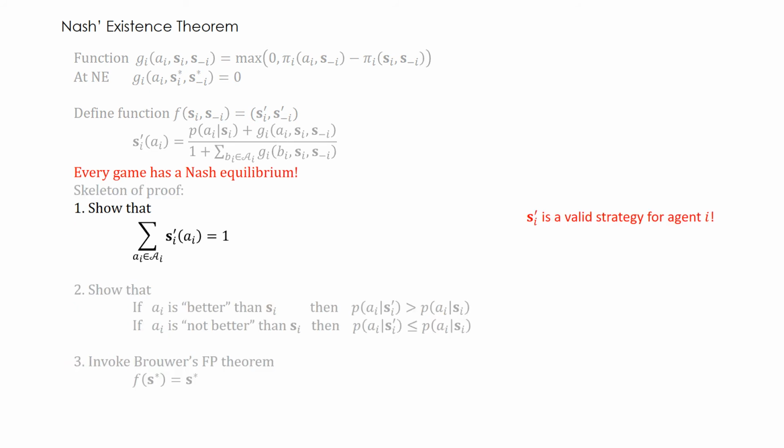In the first step, we will show that for each agent I, if we sum S prime I of AI over all possible actions of agent I, this gives us 1. So, in other words, S prime I is a vector, and the sum of its elements equals 1, which would indicate that S prime I is a valid strategy for agent I.